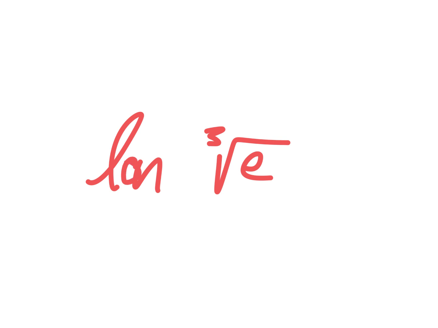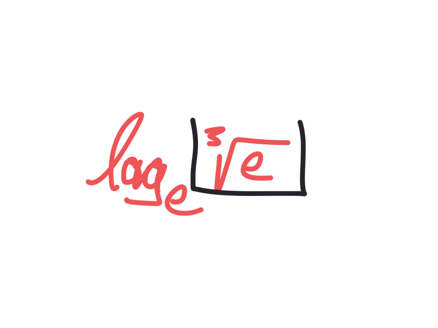I said to make this into log base E. And then hopefully you'll realize, oh, so you really just need me to make that into e to a power, and it's e to the 1/3 power. So the answer is 1/3. Raise your hand if you had 1/3. Nice.